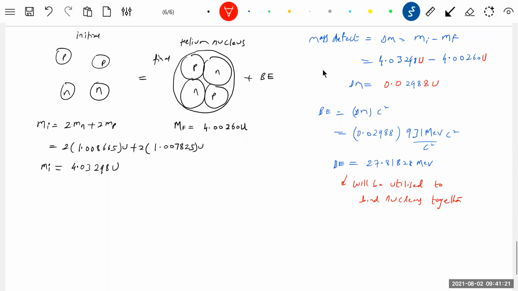It will be utilized to bind the nucleons together in a nucleus.